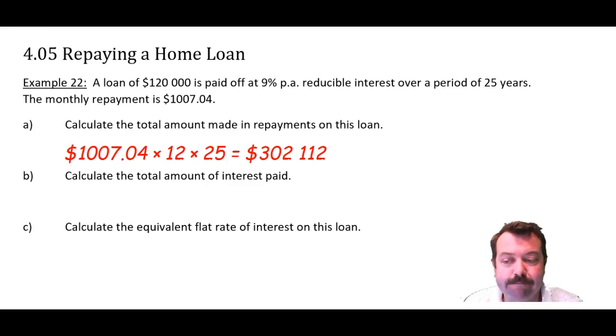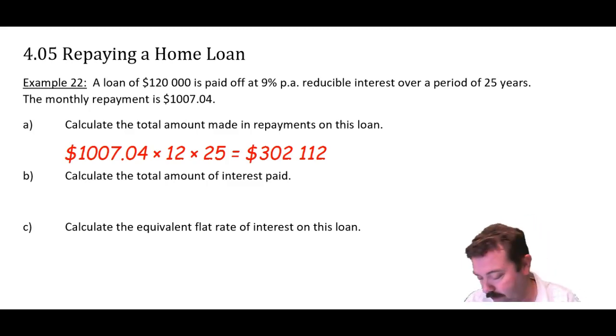$302,112. Now, the total amount of interest paid. The interest is the cost of borrowing money, right from the very beginning of the first video in this series. That's what interest is, the cost of borrowing money. So we borrowed 120,000, we repaid 302,112. The difference between those numbers is going to be the interest.